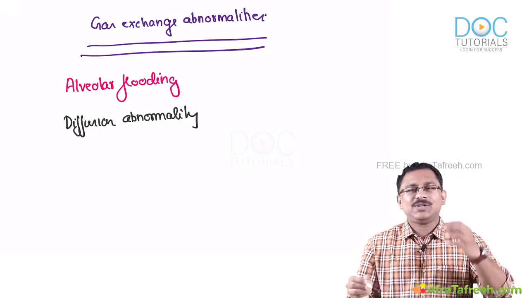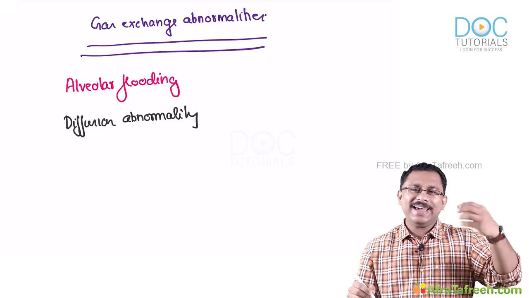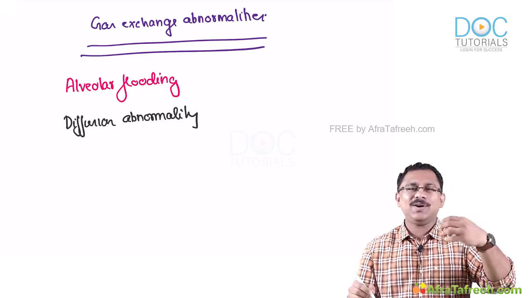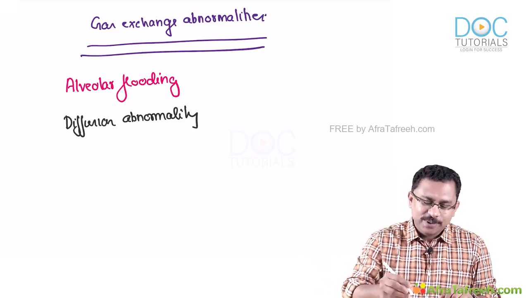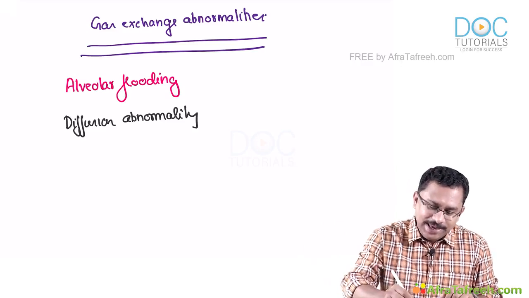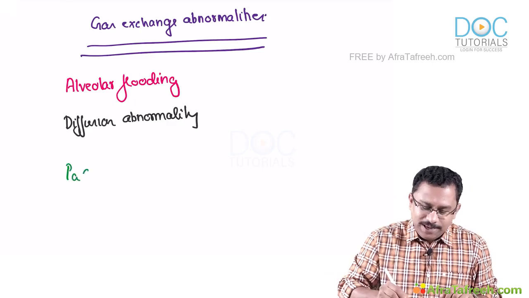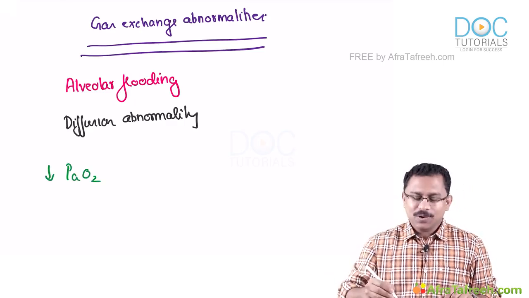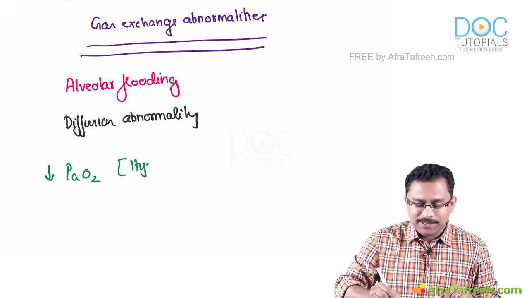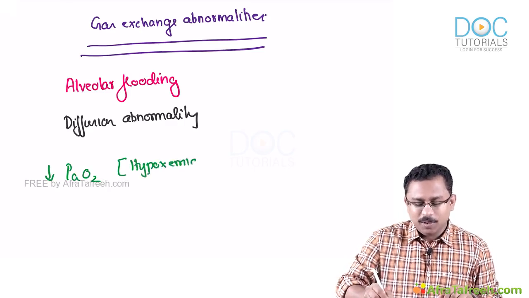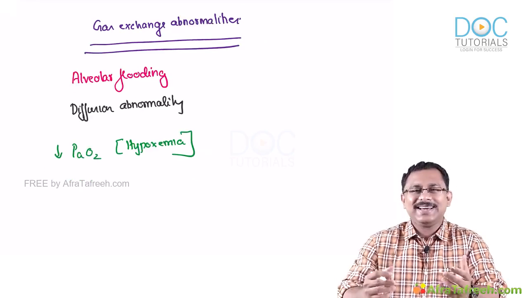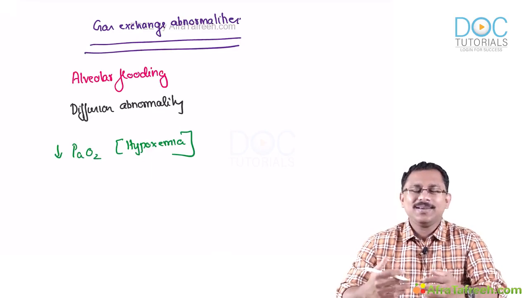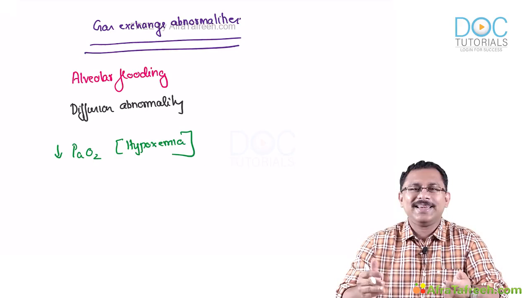Now when there is a diffusion abnormality, whatever air is reaching the alveoli is not able to pass and reach the capillary side, because of which what will happen to the PaO2? Your PaO2 will be decreased, or you will have hypoxia. Okay, there will be a hypoxemia. Now, when there is a decreased PaO2, there is a hypoxia, there is a hyperventilation, the patient will expire at a faster rate.